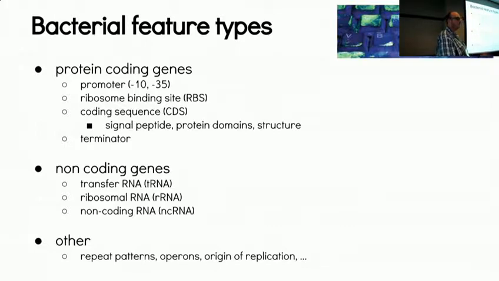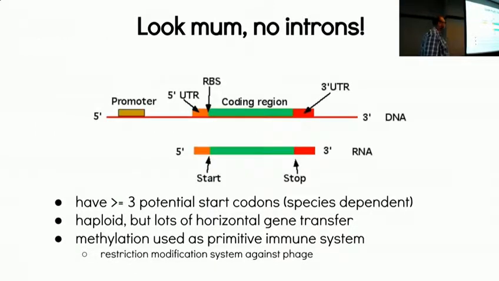So there's a bunch of non-coding things, and there's protein coding genes. And protein coding genes are really made up of a bunch of sub-features, which I'll show you here. This is important to understand because the protein coding feature is the bulk of your genome, and it's the bulk of what we're trying to label and correctly annotate.